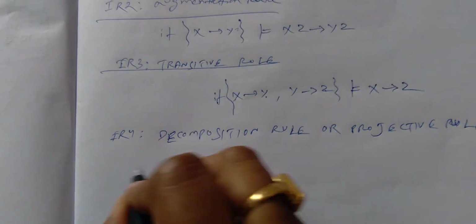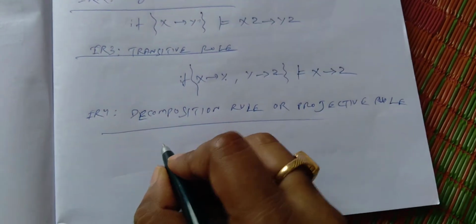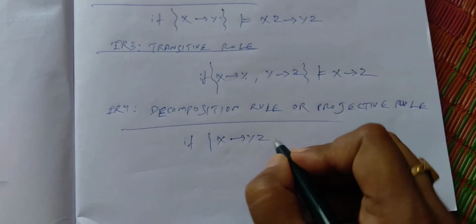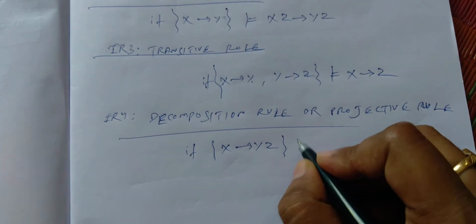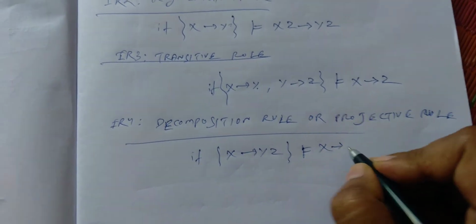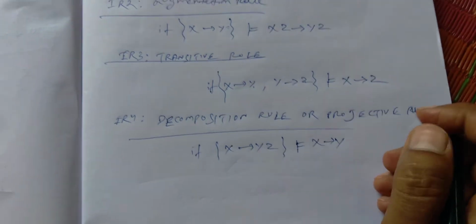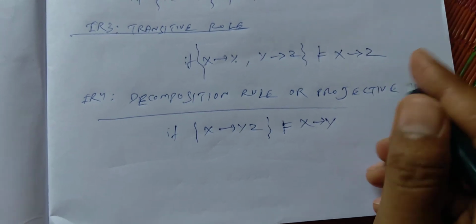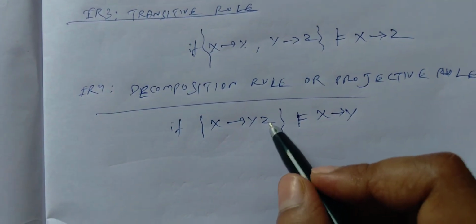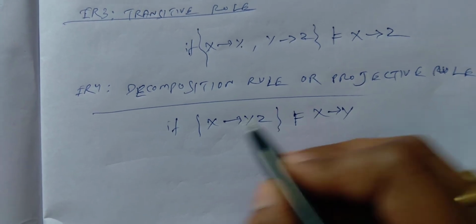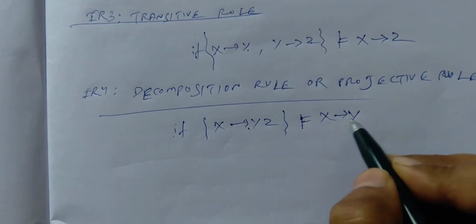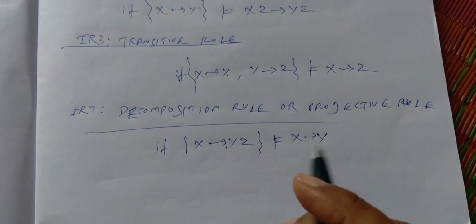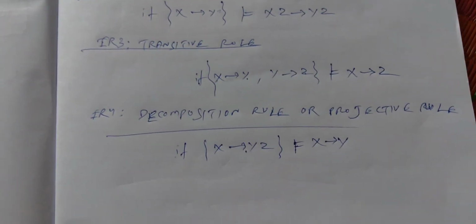This says that if x determines yz, then x determines y. That means you removed one attribute, z is removed. Okay, if this, then this. This rule also is an inference rule called decomposition rule.